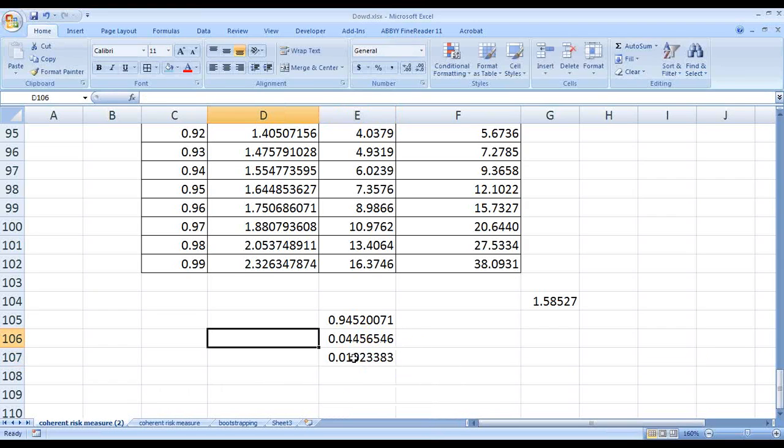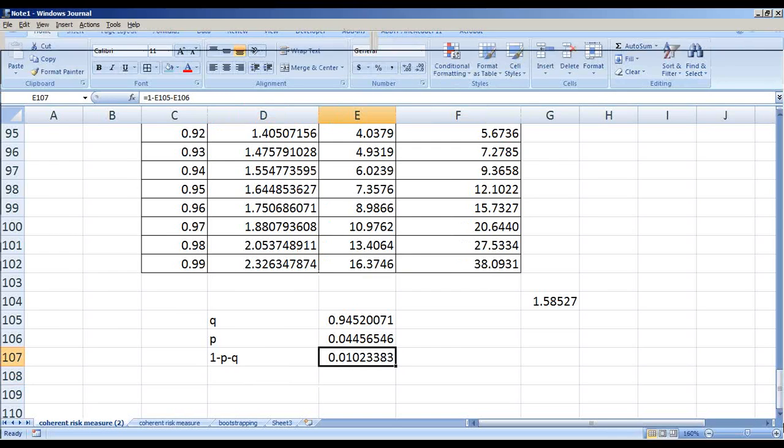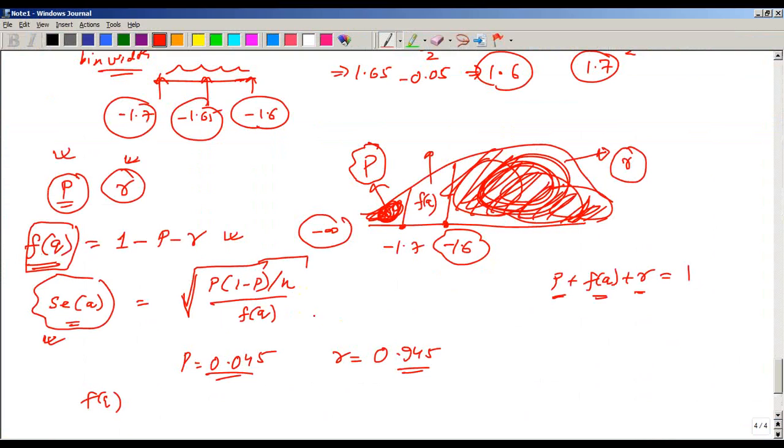So this is your value of P, this is the value of Q, and this is the value of 1 minus P minus Q, which is 0.01. So your FQ is equal to 0.0102. This is the value of FQ, right?